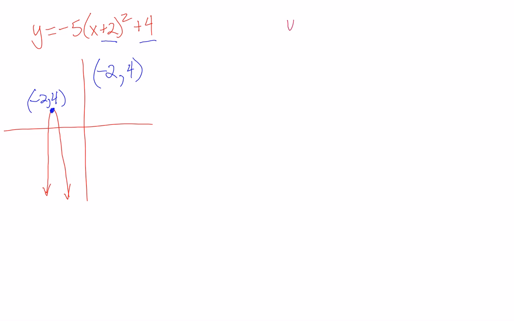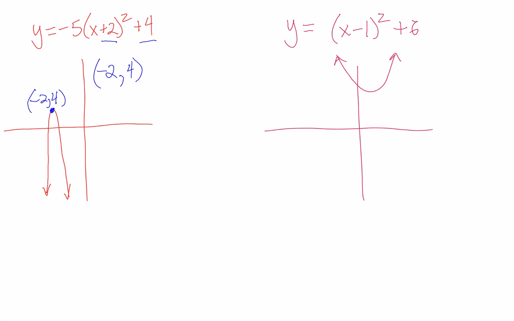Okay, let's do one more. Suppose I give you nothing out front, so we just have a 1. Let's do (x minus 1) squared plus 6. If we graph that one, in this case our graph is somewhere up here. It looks kind of like that.